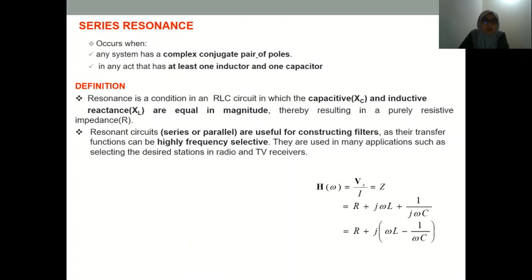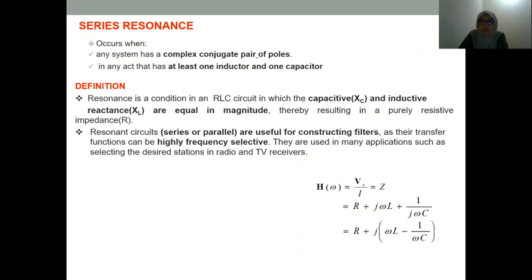The definition: resonance is the condition when the RLC circuit's capacitive reactance and the inductive reactance, XL, are equal in magnitude, resulting in the circuit having a purely resistive impedance of R. These resonance circuits, whether in series or parallel, are useful for constructing filters.